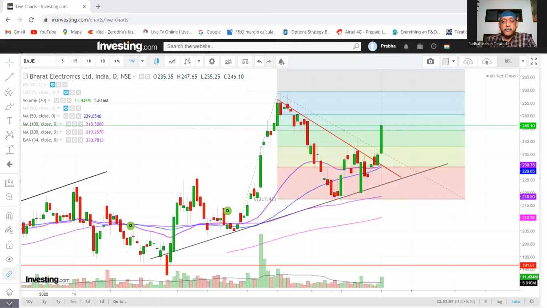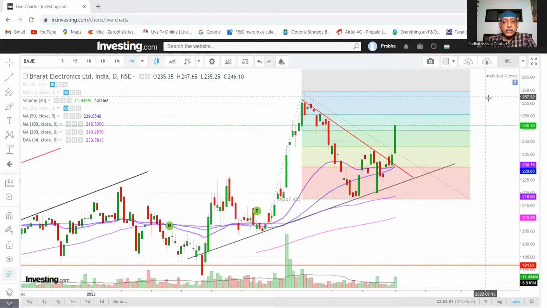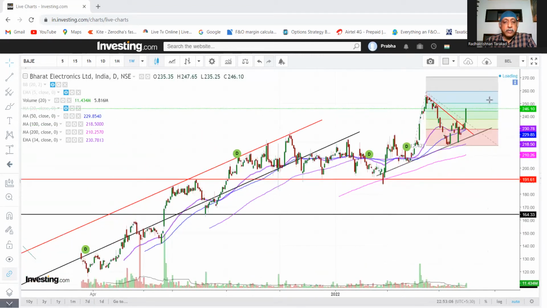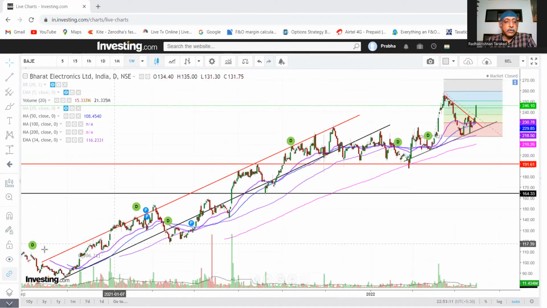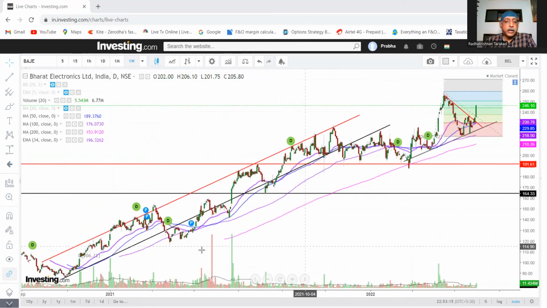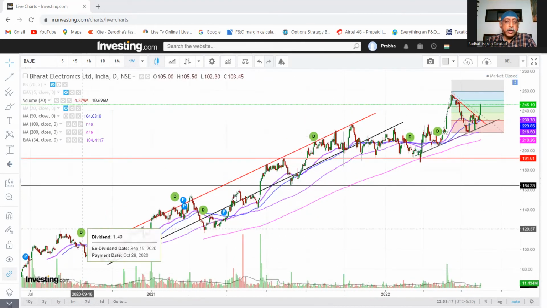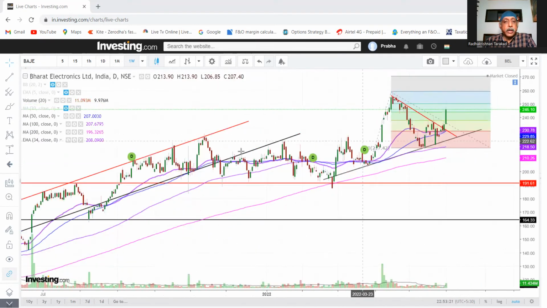Well, this is the day chart for Bharat Electronics Limited. As you can see, this stock from a Corona low of sub 60 level, where it was exactly 2.5 years back, made its way through a beautiful rising channel for almost 18 months. Thereafter, it spent adequate time in the 180 to 220 range.